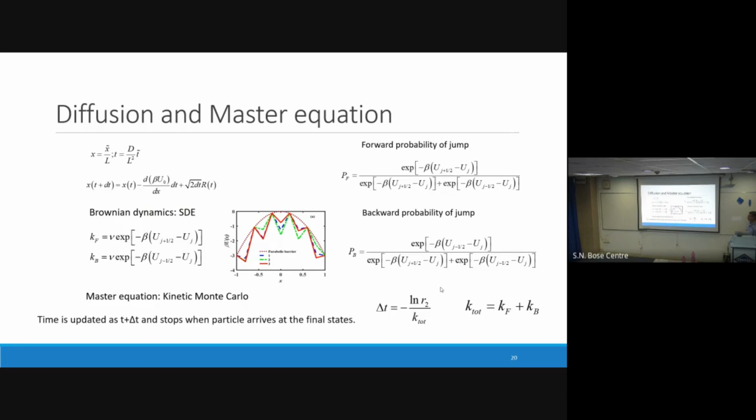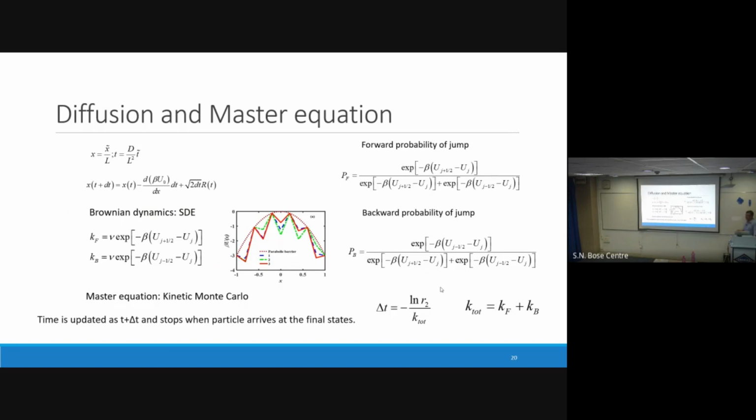The duration between the jumps is considered as the logarithm of this random number, which is between 0 and 1 and describes the probability for this jump, divided by the sum of the forward and backward jump rates. Why is this equation used? Because, as I mentioned, the escaping or waiting time from any well is exponential.